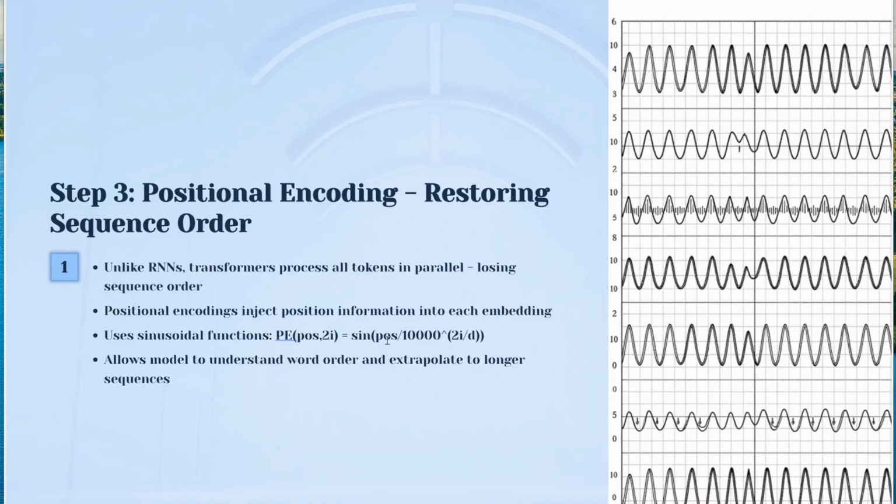For example, the positional encoding of a position and dimension equals the sine of the position divided by 10,000 raised to the power 2i over d. Although we don't need to memorize this formula, the important intuition is that each position gets a unique smooth pattern across dimensions, and this is how we are encoding positional information that the transformer now understands.